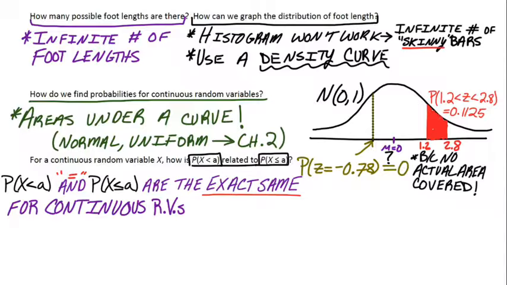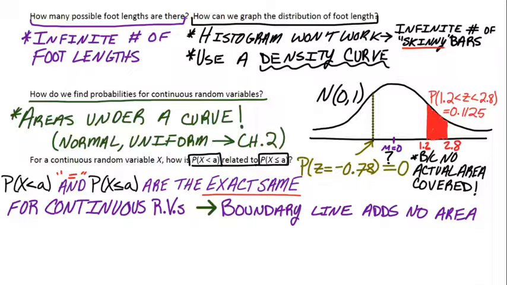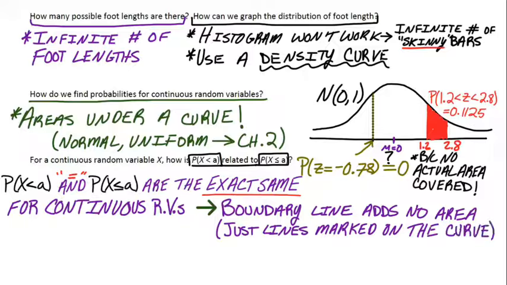If you'll remember, that was actually a big distinction for the last section for discrete, but now there's no distinction at all. These are the exact same for continuous random variables. And the reason is that the boundary line adds no area. A line, you can think of it as just being one-dimensional, and a line by itself actually has no area. So it's just lines marked on the curve.